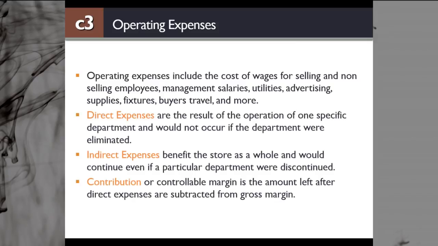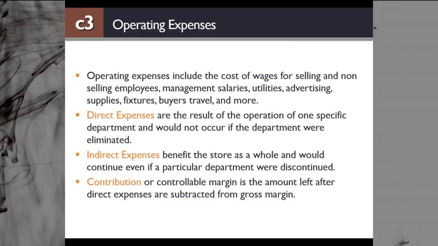First one is going to be the direct expenses. These are the result of the operation of one specific department and would not occur if the department were eliminated. Can you think of any direct expenses? If the department is eliminated, you don't really have to pay your employees. So a salary for the employee is part of these direct expenses.